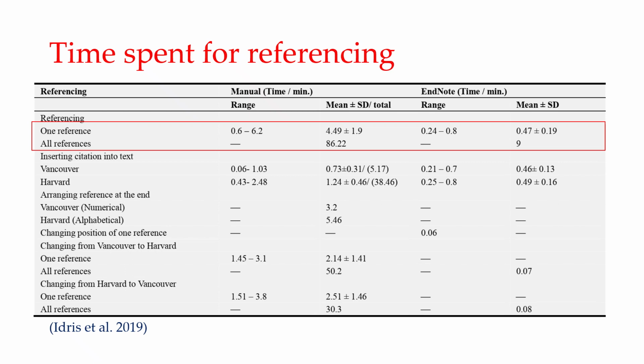But by the use of EndNote, it may require only 0.24 to 0.8 seconds. For all references, if they may be in hundreds, if you want to insert all 100 references in one click, it can be very easy by the use of EndNote.